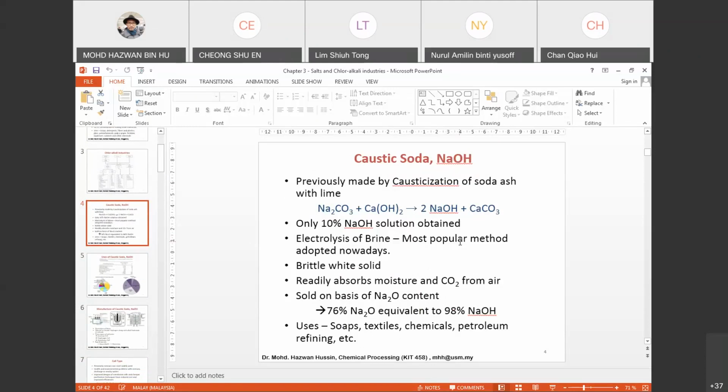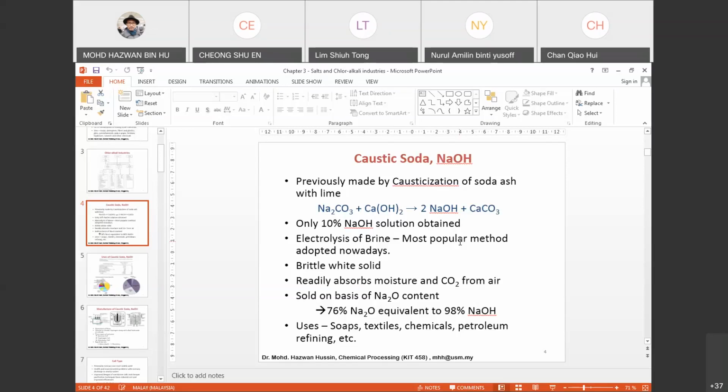Lime is actually calcium hydroxide. So soda ash, which is sodium carbonate, reacted with calcium hydroxide produces caustic soda, NaOH, plus calcium carbonate. Only 10% of sodium hydroxide is obtained from the causticization process.